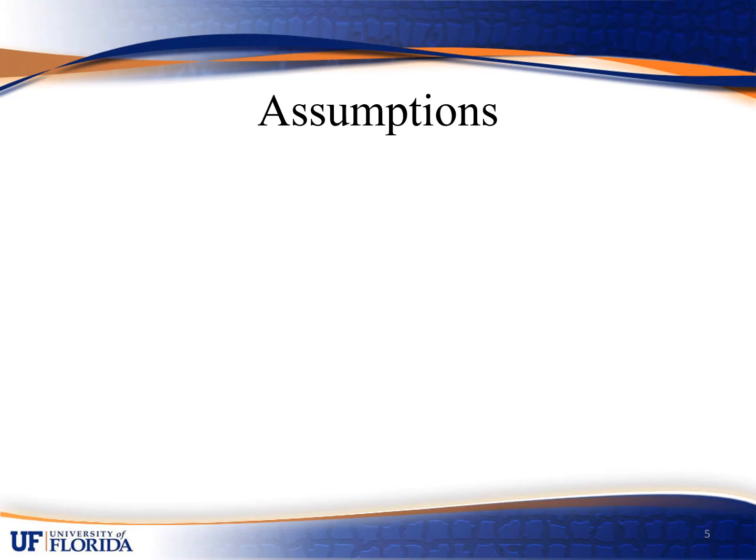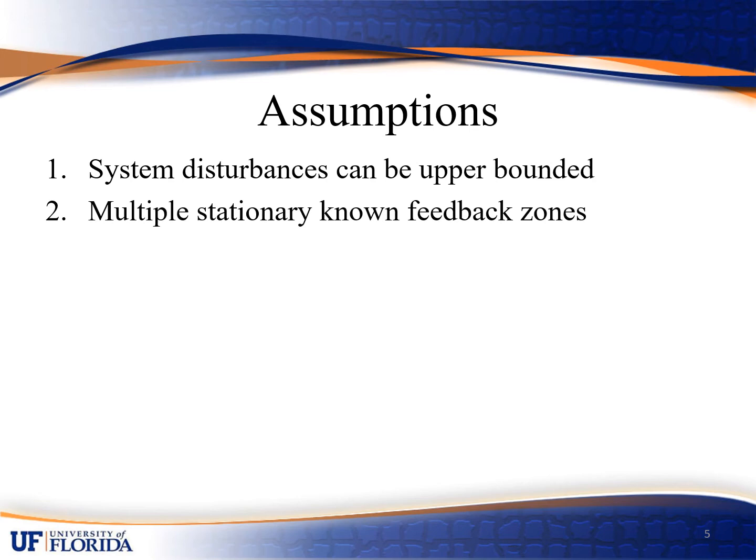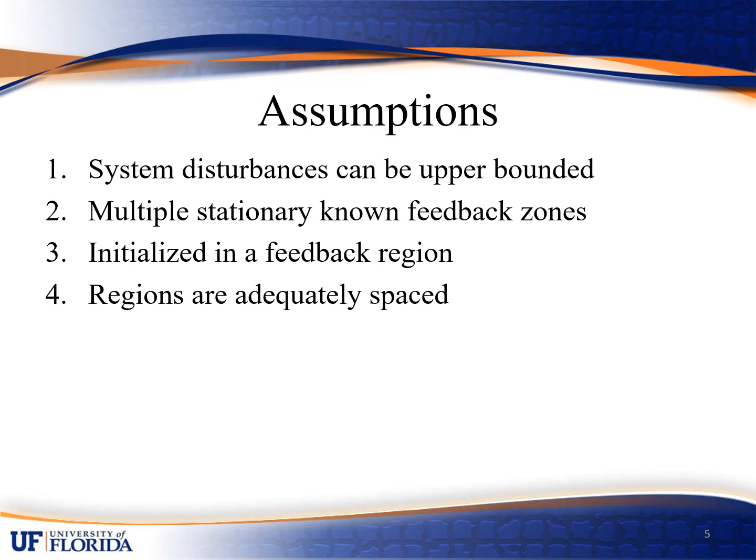In order to achieve the control objective, there are some assumptions. First, the system disturbances can be upper bounded by known positive constants. Second, there are multiple stationary known feedback zones in the unknown environment. Each of the feedback regions is defined by a compact set. Third, the nonholonomic vehicle is initialized in a feedback region.